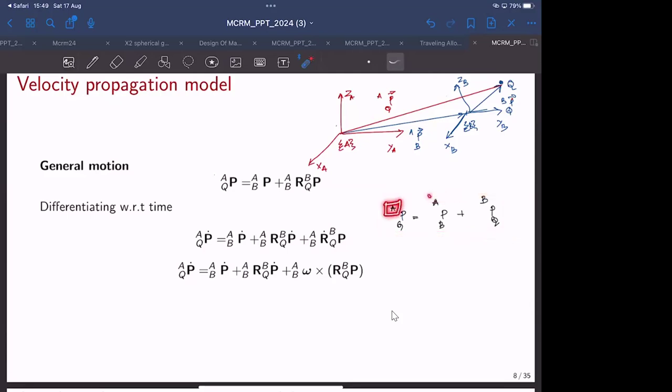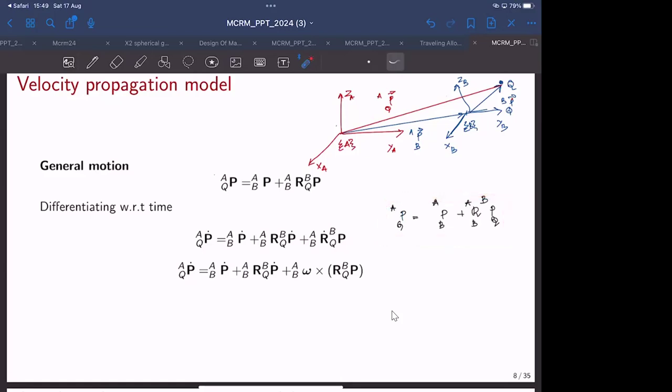So the first two terms are written with respect to frame A, but the third term, this vector, is actually defined with respect to frame B. So to convert from reference frame B to reference frame A, we pre-multiply it with the rotation matrix of B with respect to A. So that is what this equation is. Now all the terms are written in terms of the coordinate frame A. That is only the position.